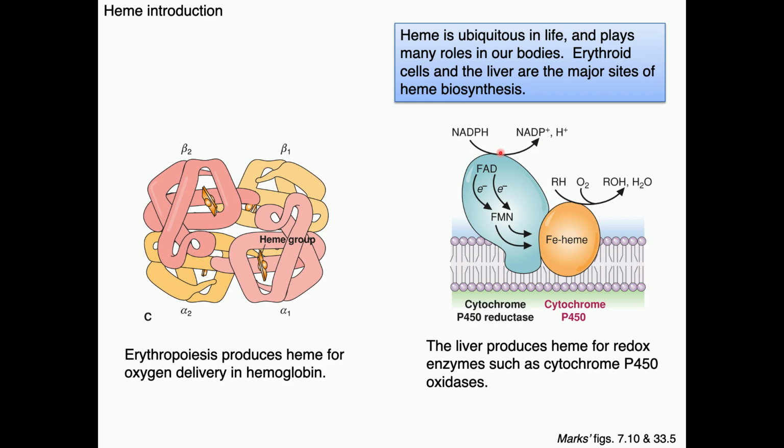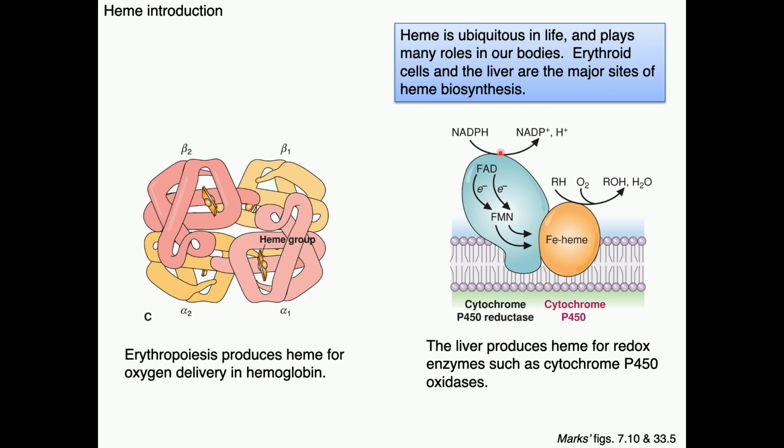Okay, so the heme is coordinated by the amino acids in hemoglobin, and those propionic acid and vinyl and methyl side chains project out of the heme molecule and interact with atoms on the side chains of the amino acids in the globin proteins to stabilize it.